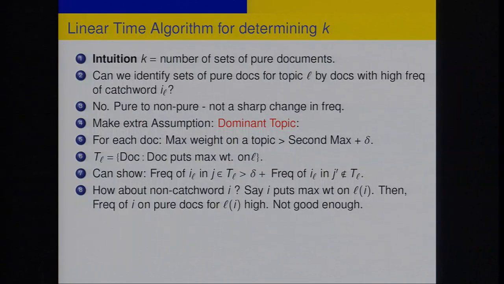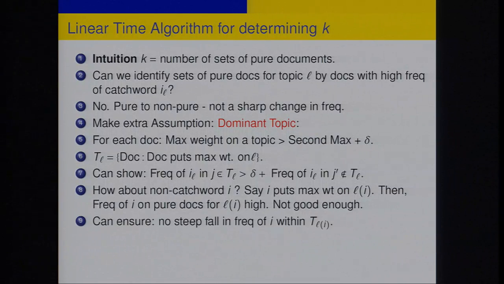So, how about a non-catchword i? Say i puts maximum weight on a topic. Each word also has weights on topics, right? It occurs with a certain weight on each topic. So take the topic on which it occurs with most frequency. Then the frequency of i on pure documents is high, but that's not good enough. I want it to be high on this set, which includes documents which are pure for topic L, that is weight almost 1, but weight could be less than 1.